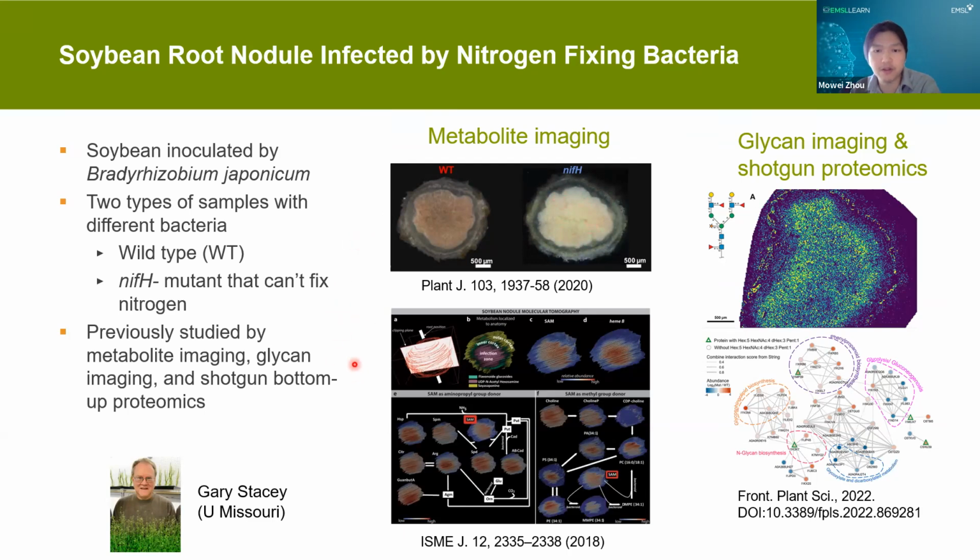Most of the previous studies were doing MALDI imaging, matrix-assisted laser desorption ionization, to study the small molecules, and there have been some mechanistic studies in those processes. For the study I'm going to show, we're really trying to see what kind of proteoforms we can detect in this soybean nodule. And there are some significant differences between the wild type and the mutant.